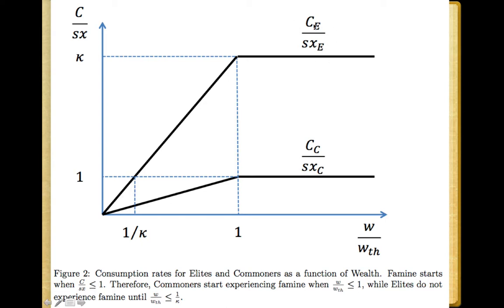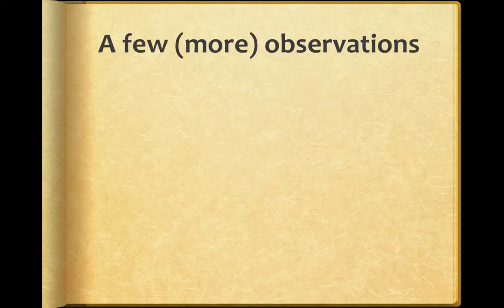The same applies for the elites, only that they'll consume at a rate of kappa times higher than the commoners. Of course, if you start running low on wealth, then you're going to see that these two curves start tapering down. That means that consumption is adjusted in times of dire wealth, and the adjustment is essentially this ramping down of these two relationships.